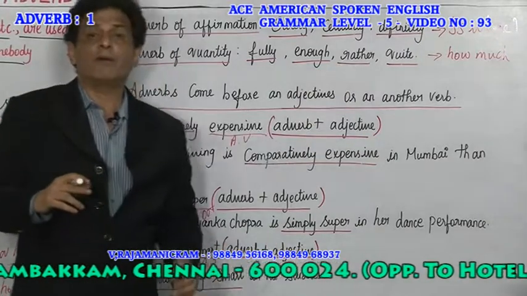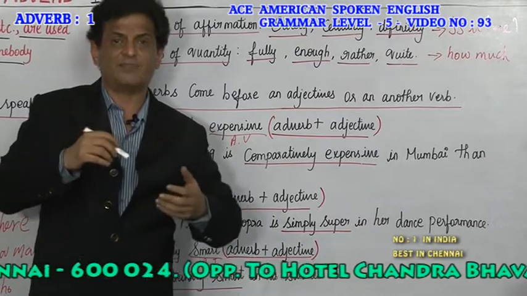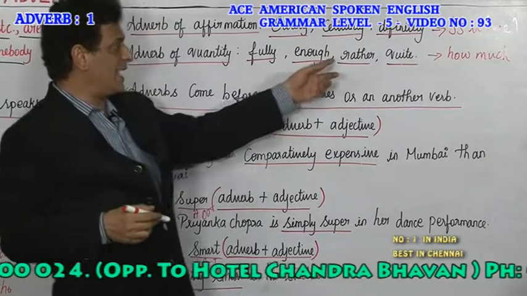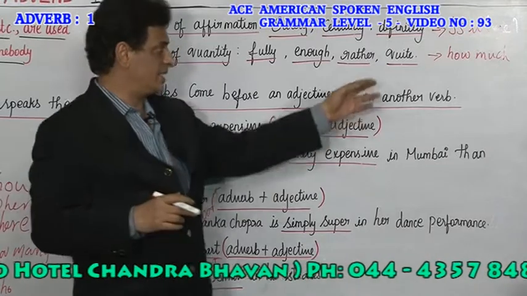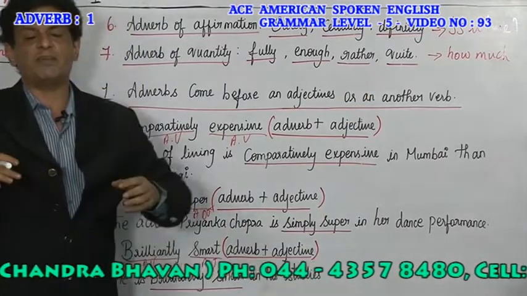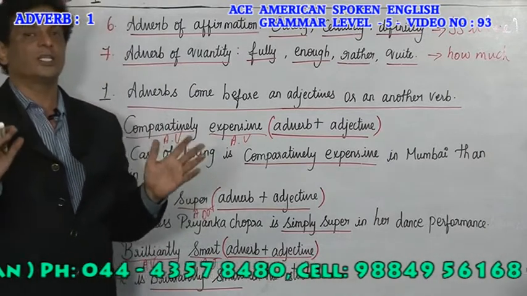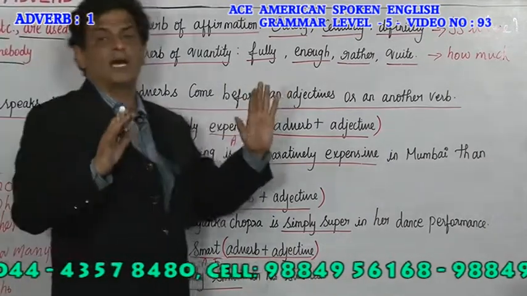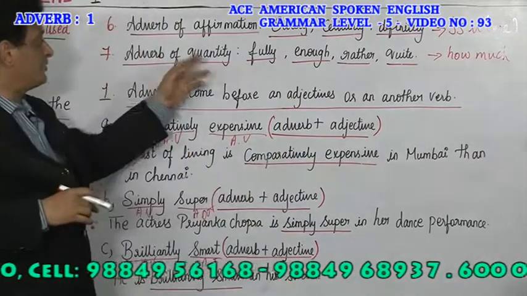Rather, அவன் பரீட்சையை எழுதினான், எப்படி எழுதினான்? Rather difficult, கஷ்டப்பட்டு எழுதினான். Rather என்பது ஒன்றை விட அதிகமான அளவு கஷ்டமாக இருக்கிறது. Quite, எப்படி எழுதினான்? Quite all right, கொஞ்சம் நல்லா பிரமாதமாக எழுதினான். இது adverb of quantity.